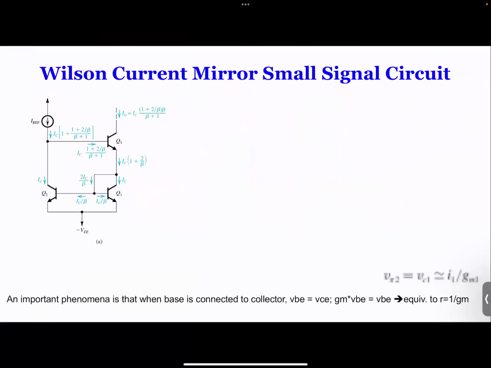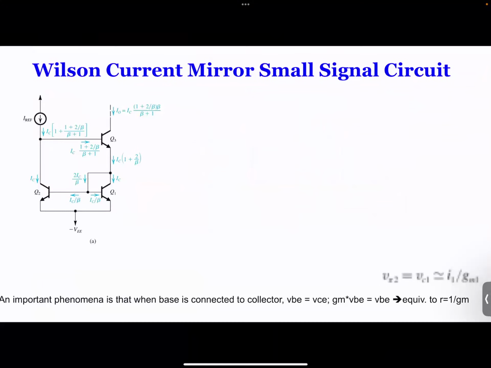We can start from Q1. The way the book does it is that you always go 1, 2, and 3, which makes your life easier. So Q1, we can draw the Q1 circuit by doing this.